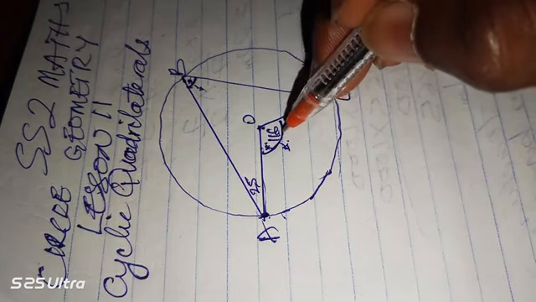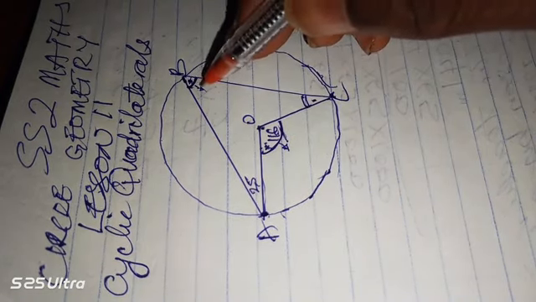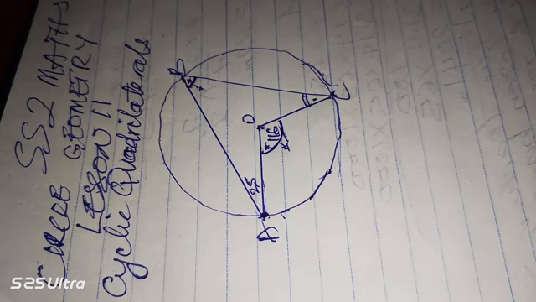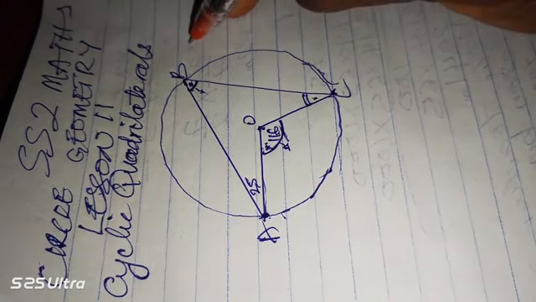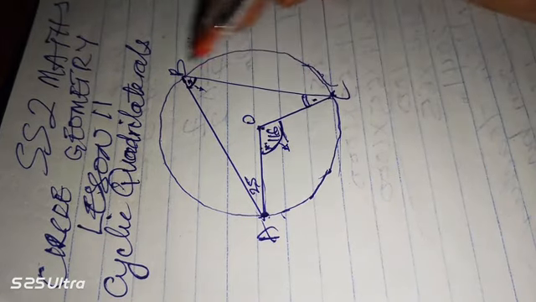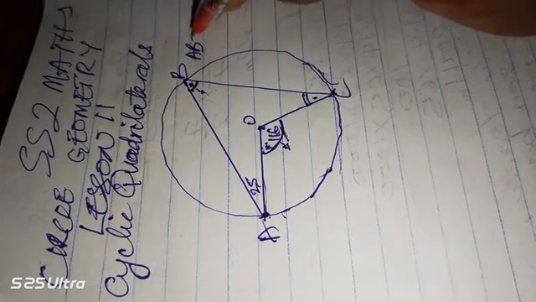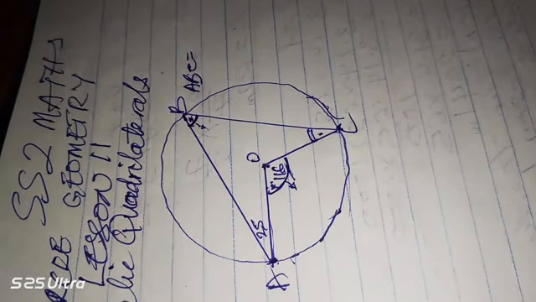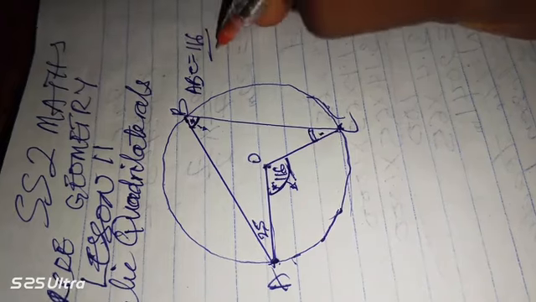So if angle at center is 116, which is twice this very angle, it means this angle will be half of this one. If you want to get half of this, you simply divide it by 2. Angle ABC is equal to 116 divided by 2.